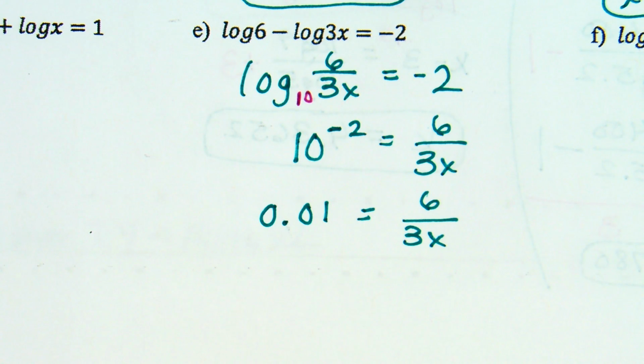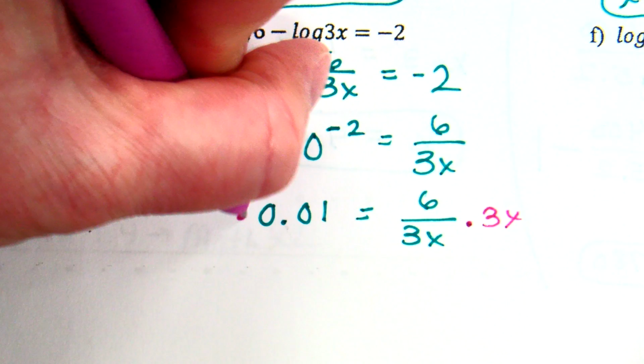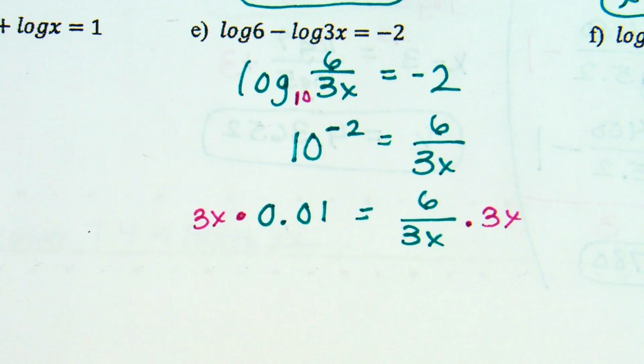But multiply by whatever your denominator is. Since that's 6 divided by 3x, your best bet is to multiply by 3x. If you multiply one side by 3x, you multiply the other side by 3x. Now, on the left, you guys want to go decimal, so that's fine. 3x times 1/100. Well, what is 3 times 1/100?